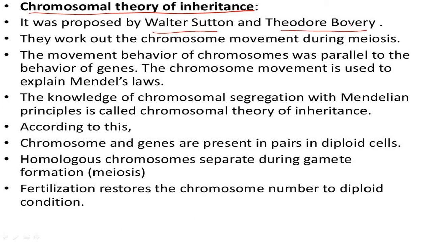In 1902, they united the knowledge of chromosomal segregation with Mendelian principles and called it the chromosomal theory of inheritance. According to this theory, all hereditary characters must be with sperms and egg cells, as they provide the bridge from one generation to another.